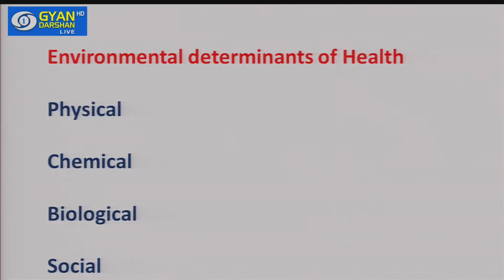Then there are social environmental determinants. Not only is our health influenced by the environmental factors, but also by social factors such as illiteracy, the status of public health programs, the level of awareness, and the disease control mechanisms. Then there are the income level of the people, the literacy of the people, and the status of women in society.